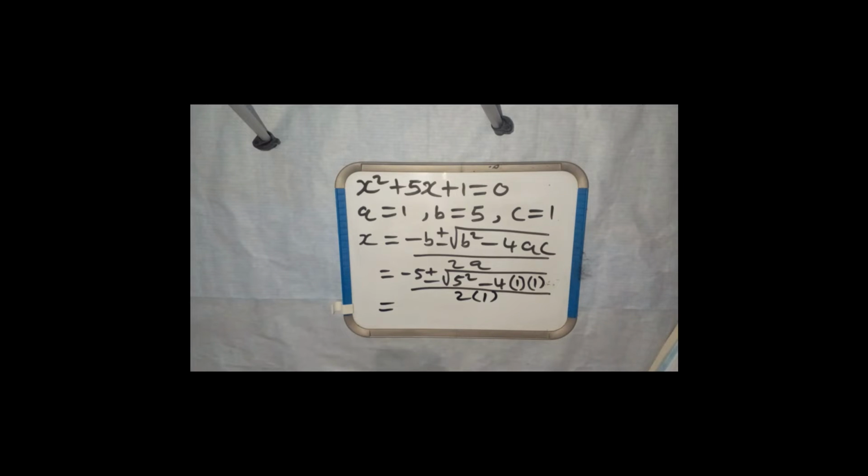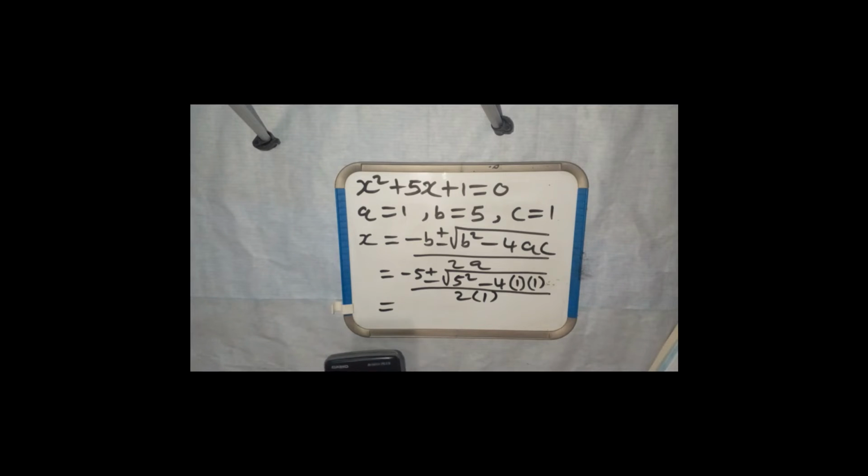Okay. We have negative 5. Just put all this in a calculator. Firstly, you need to put plus, then secondly, you need to put negative. Plus root 5 squared minus 4 times 1 times another 1 all over 2 times 1.